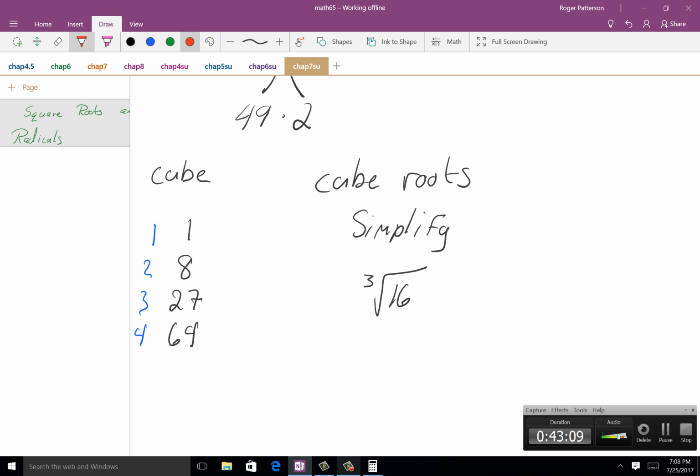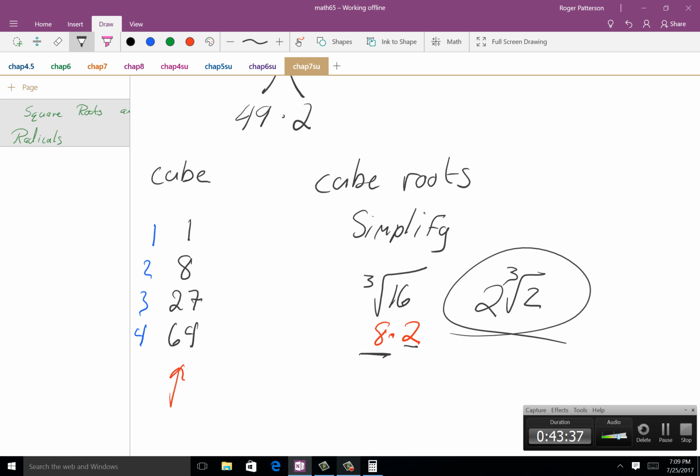So what one of these numbers goes into 16 evenly? 8 does. 8 goes in there how many times? 2 times. All right. So now this is going to break down to cube root of 8 is 2, so I'm going to go 2 cube roots of this, 2 left over. All right, so you're just going to have a couple of those, 2 or 3, and that will be it.